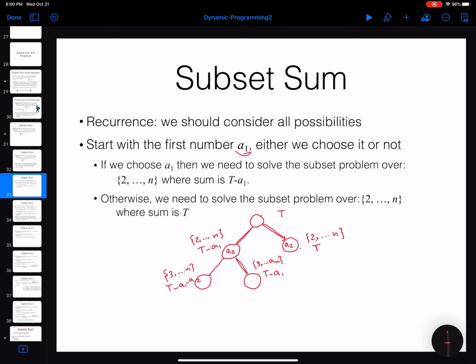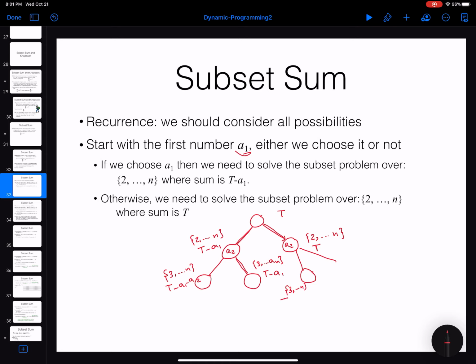Again, you can extend all these branches here as well, where you decide about A2. You didn't take A1, and if you are going to take A2, the problem here is to find an answer for all the items from A3 to AN, and you already took A2.